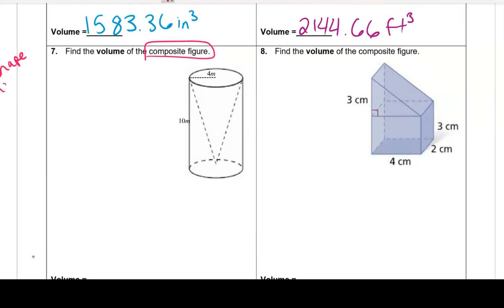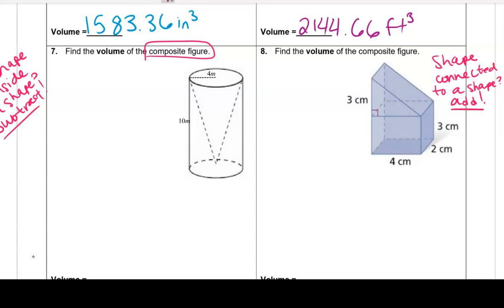Shape inside a shape, subtract. Whereas this next one, we have a shape connected to another shape. Shape connected to a shape, add.